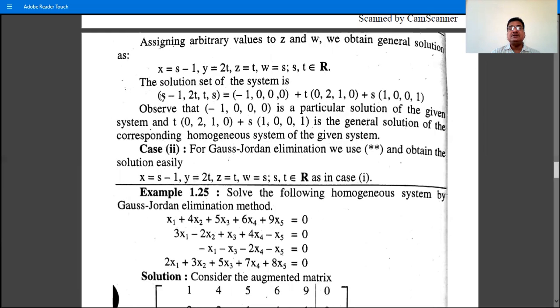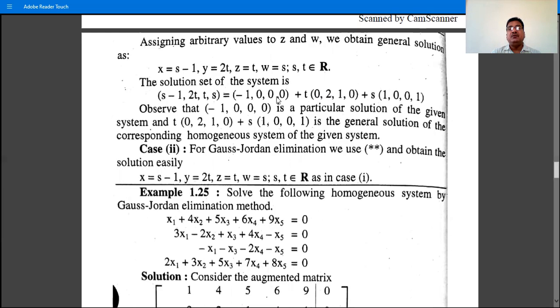So this total is the general solution of the given system. This minus 1, 0, 0, 0 is the particular solution of the given non-homogeneous system, and the combination of these two vectors is the general solution of the corresponding homogeneous system.